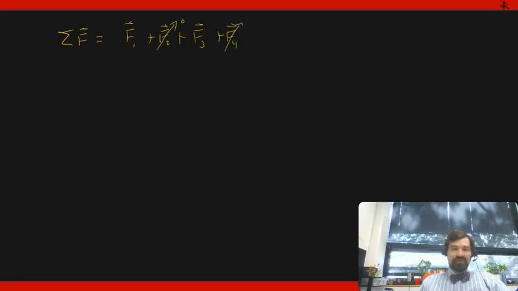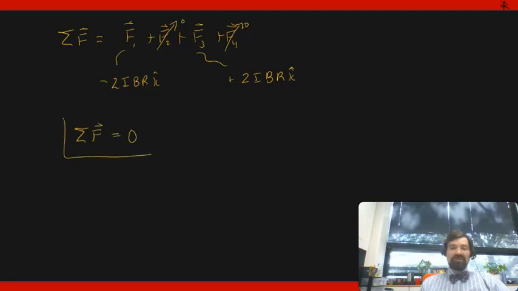F2 was 0, F4 was 0. F1 was negative 2 I B R k hat. F3 was positive 2 I B R k hat. And so even without plugging in the numbers for I, B, and R, I can see that these two are going to cancel, and so my total force on this wire actually ends up being 0.